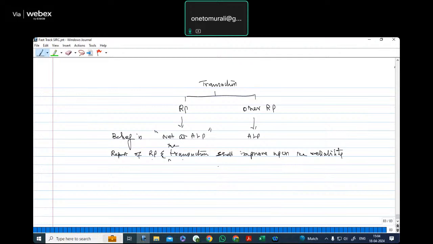Now, we need to know what is a related party. Who are all related parties? What are all the related party transactions? And what is the disclosure to be made?